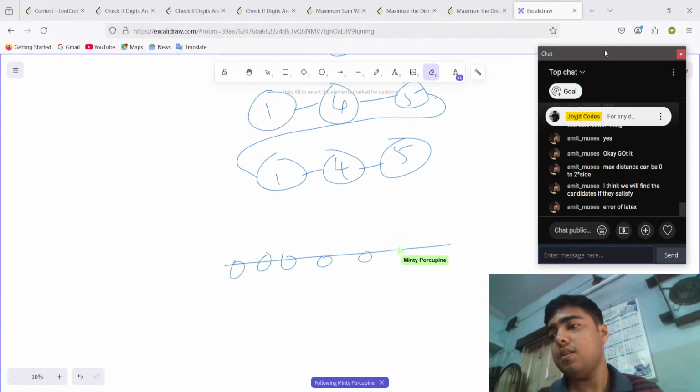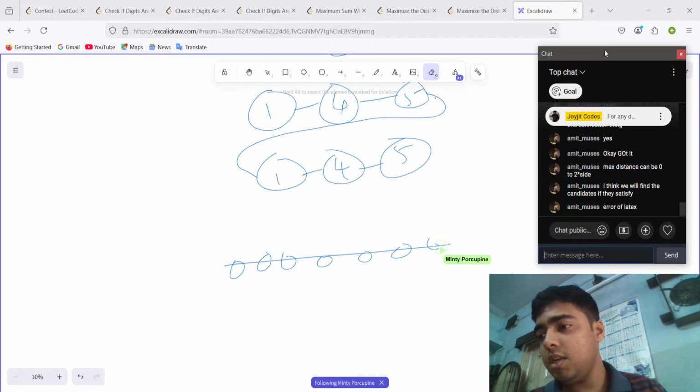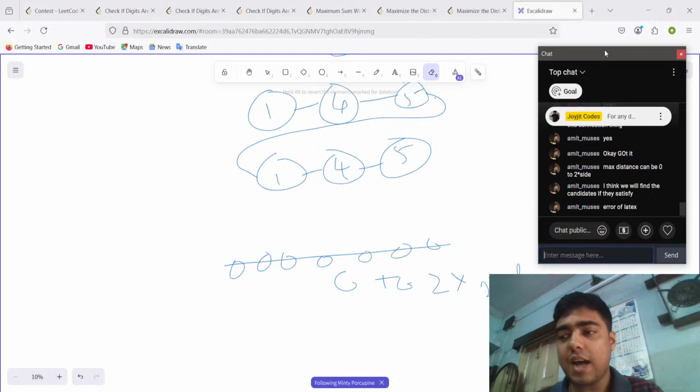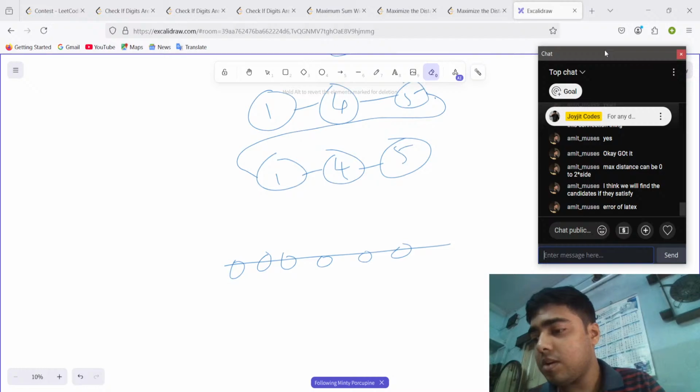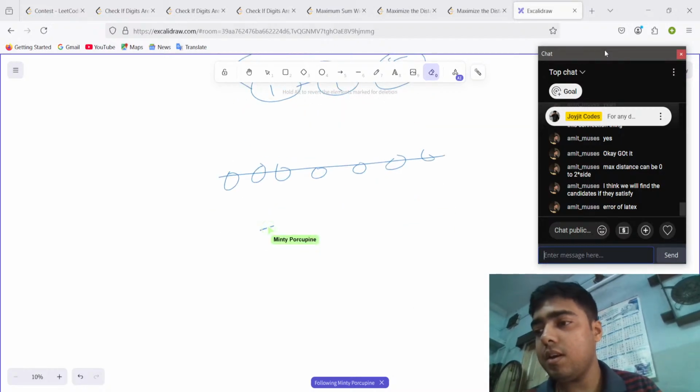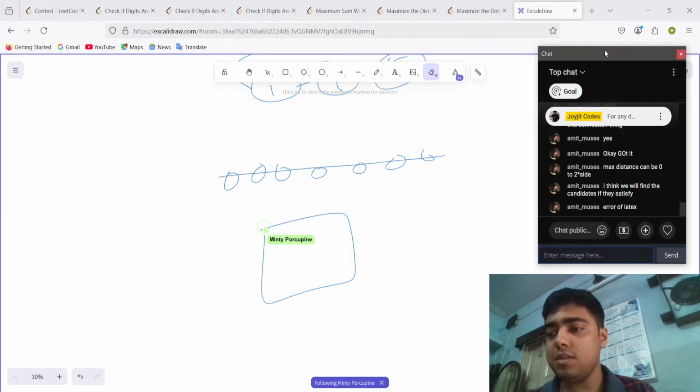So what he is basically doing, let's say we have the whole thing now, with various points on it. We can have a binary search from 0 to 2 times side, because 2 times side is the maximum distance that we can have. Why so? Because if in the square there are 2 points, what is the maximum distance?